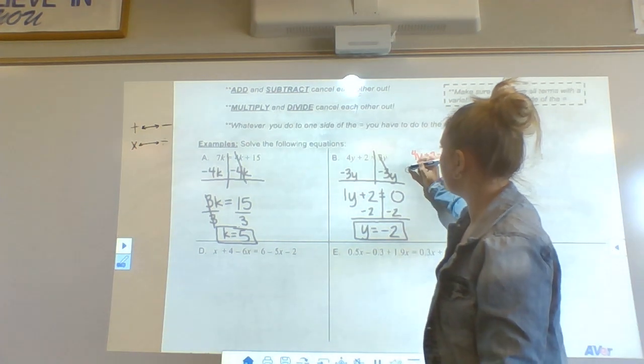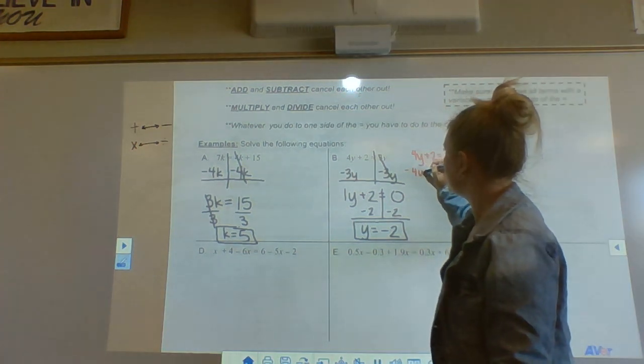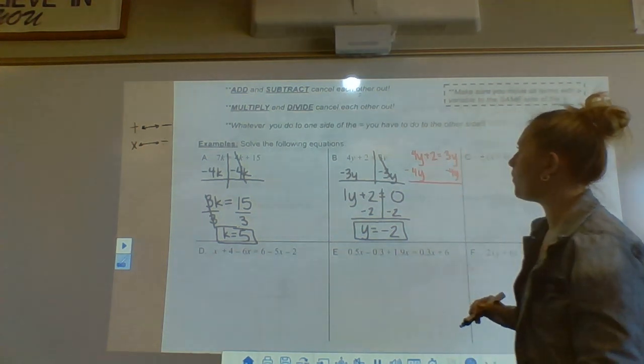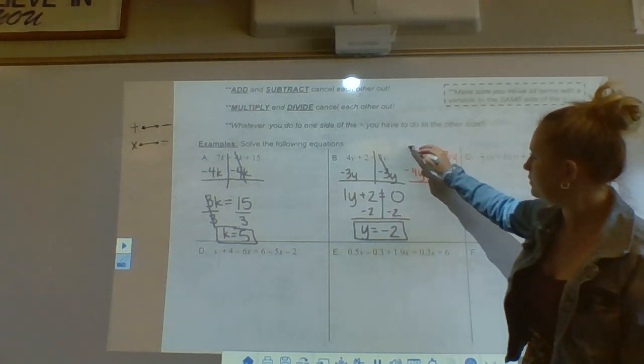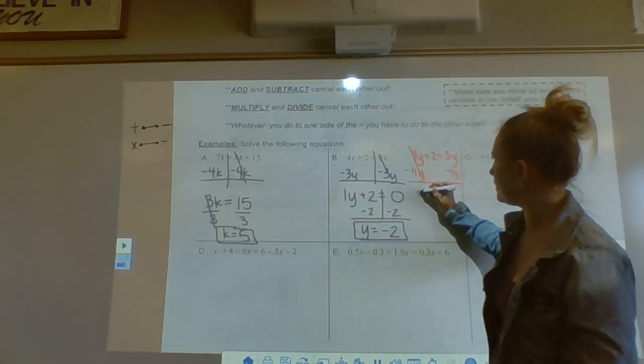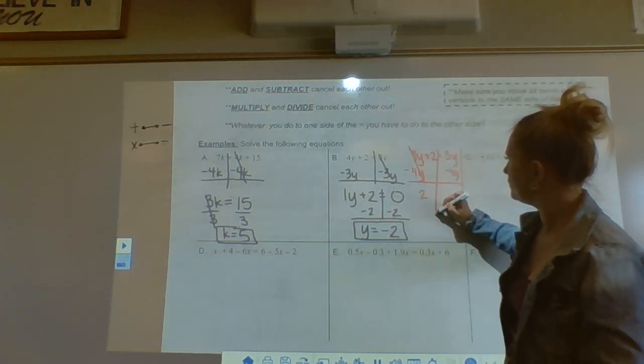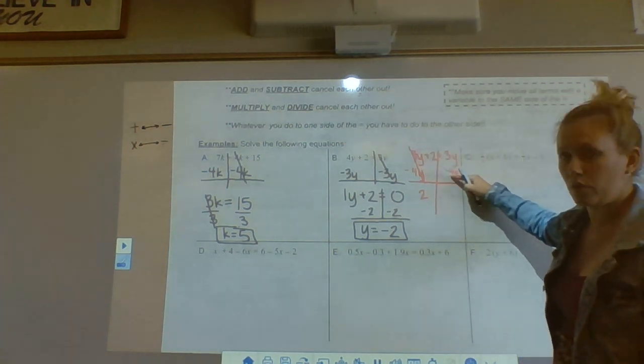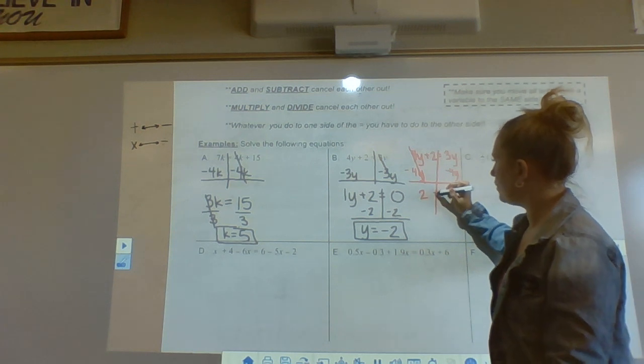We need to subtract 4y. All right, so then on this side, that's gone. We just have a positive 2. And then over here, 3 minus 4 is a negative 1.